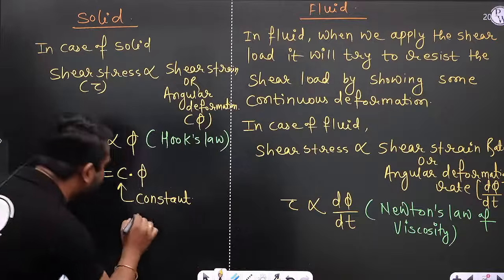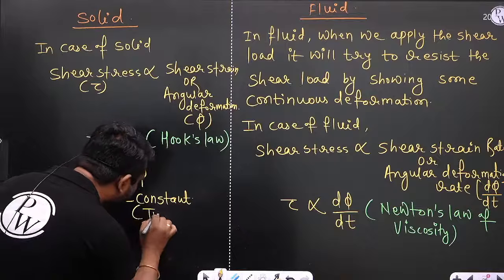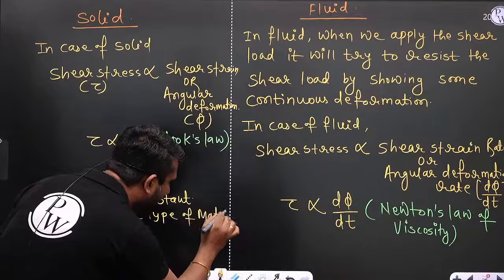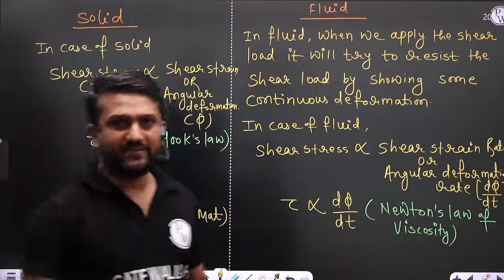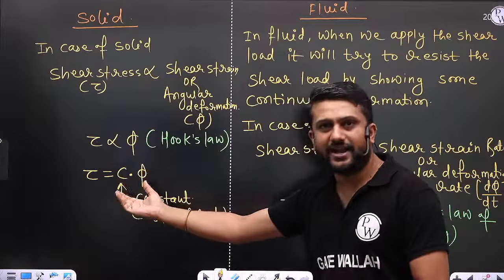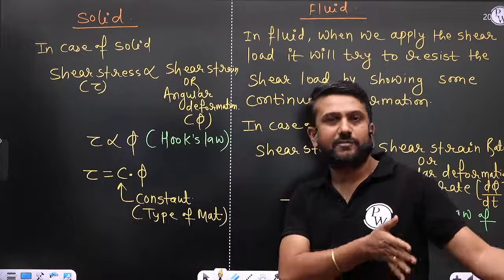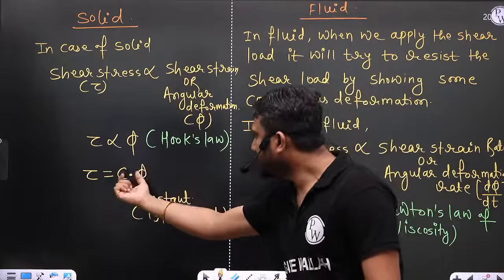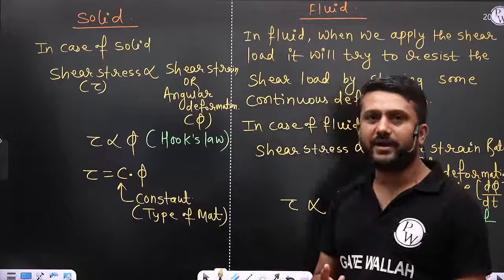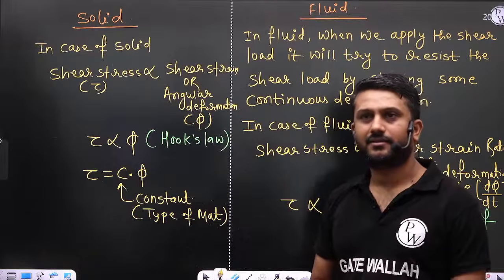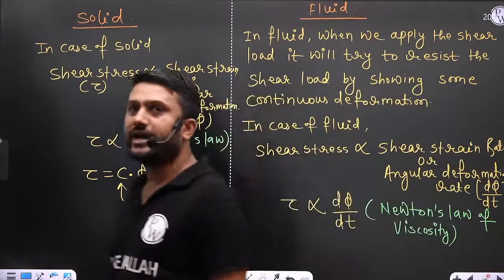If it is aluminium, this C is different as compared to when the material is copper. So this constant is a material property. Are you getting my point?